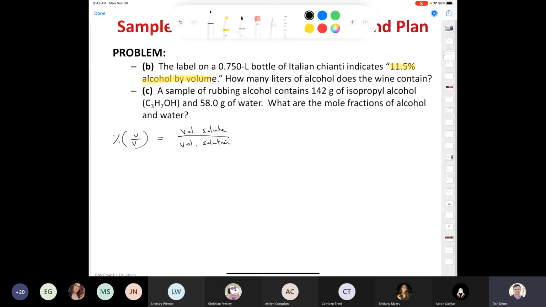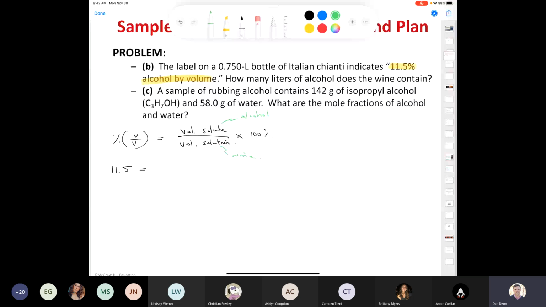And then, of course, since it's a percent, we're going to multiply that by 100%. Now, we're trying to figure out how much alcohol is dissolved in the wine, right? Keep in mind that the numerator, the solute, is the alcohol, pure alcohol, and this is the wine, the Chianti, the entire thing.